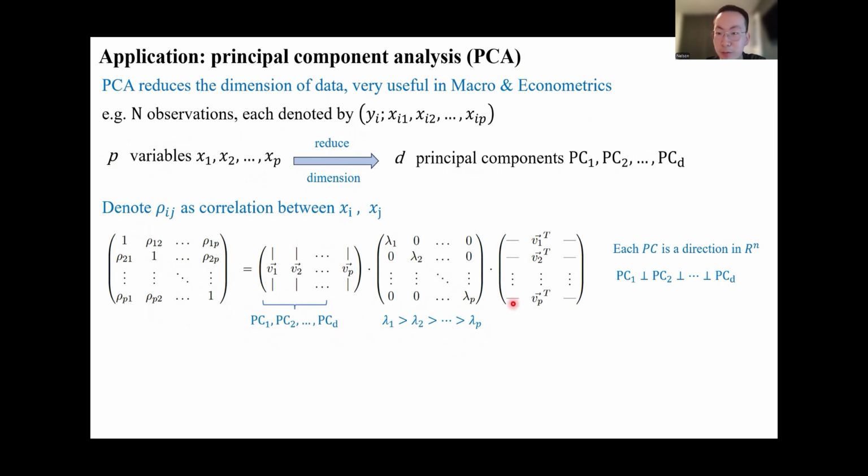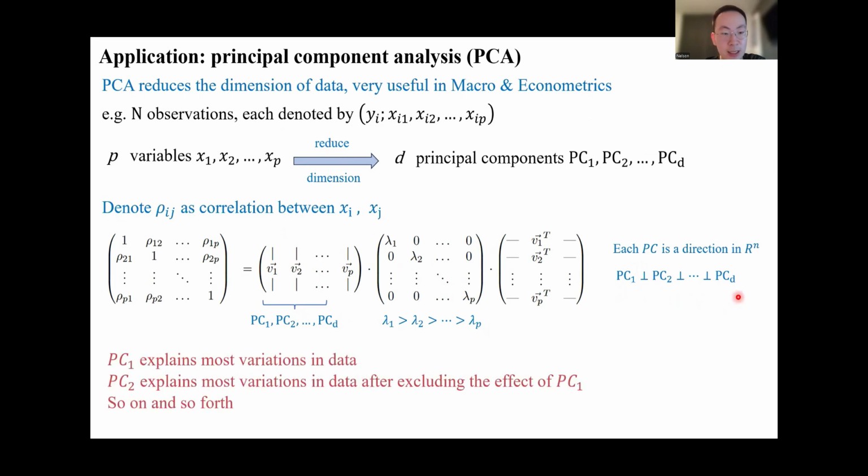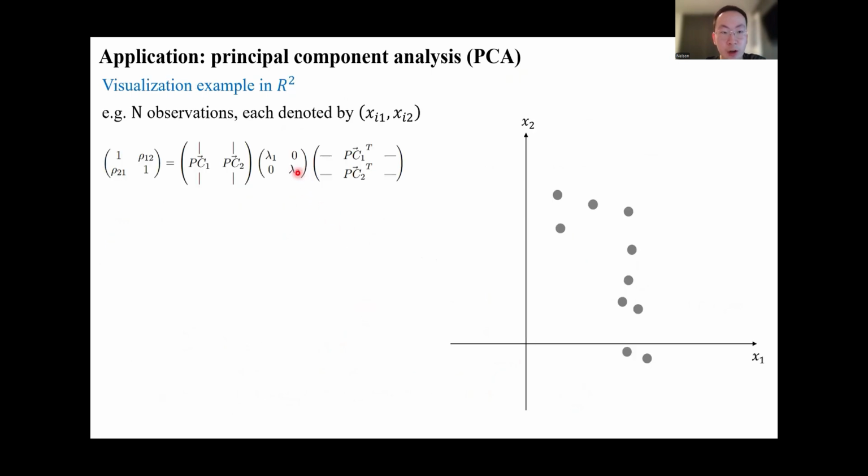Thanks to the spectral theorem, each principal component is orthogonal to the other principal components. And furthermore, we have these two additional properties. So PC1 explains most variations in the data, and PC2 explains most variations after excluding the effect of PC1, and so on and so forth.